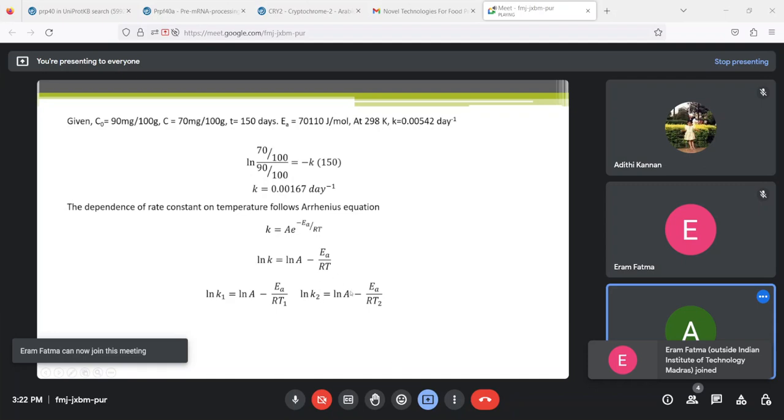In order to eliminate the use of A, you subtract this equation from this equation. So you have ln k1 minus ln k2 is equal to ln A minus Ea by RT1 minus ln A plus Ea by RT2. So ln A minus ln A gets cancelled. Now you will have an equation devoid of the constant A, and you can directly substitute the values if you have the rate constant at a different temperature.